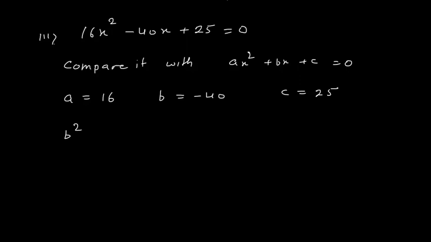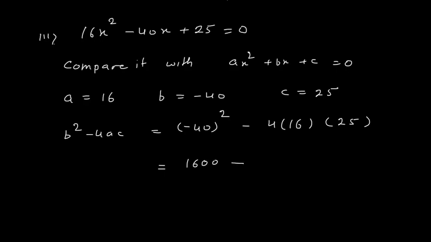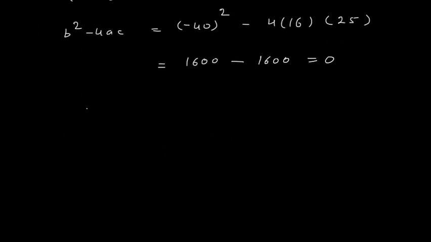Now b square minus 4ac, this value is minus 40 square minus 4 into 16 into 25. So this is 1600 minus, 25 times 4 is 100, 100 into 16, 1600. So we got 0. So here now discriminant is 0.